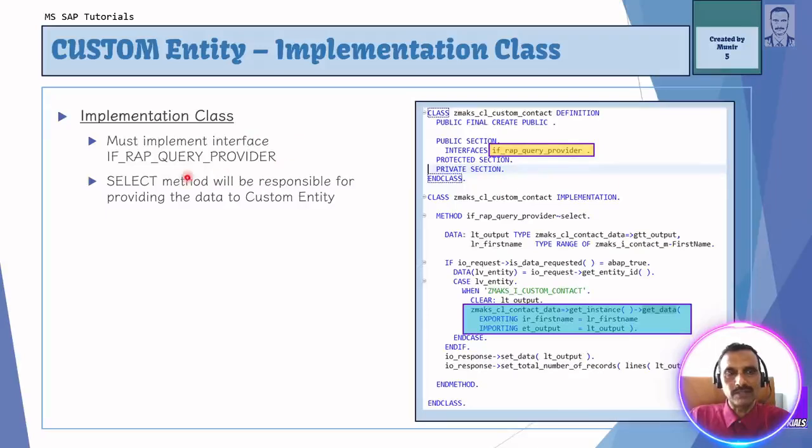Once we implement this interface, it will give us a select method that we can use to fetch the data. As you could have seen here, I'm just using a class get data method, passing whatever I need as the importing parameters, and I'm getting the output, which is exactly similar to our entity that we are trying to build the RAP data on.